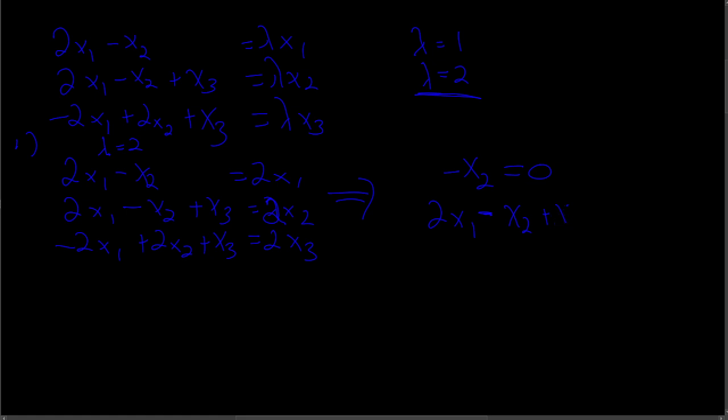We'll bring the x2 over, so it's minus 3x2 plus x3 equals 0. And then negative 2x1 plus 2x2 minus x3 equals 0.